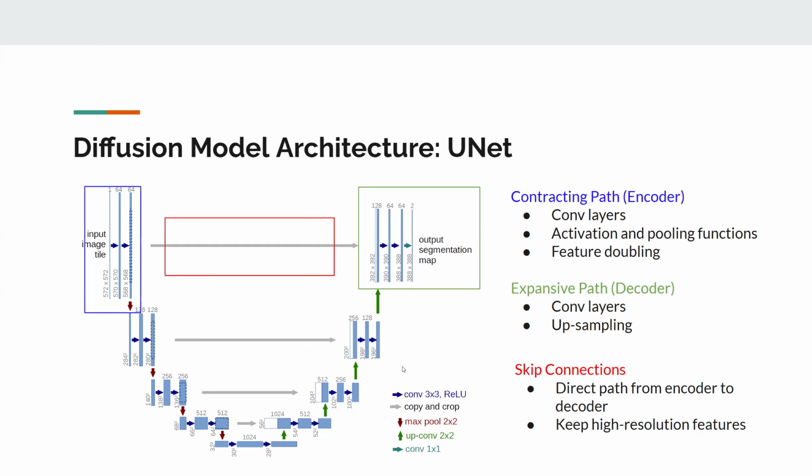And then we have skip connections, which are direct paths from an encoder to a decoder. And these exist because sometimes you don't want to lose the features that get encoded when you're passing them through encoder layers. So when you go from an encoder directly to a decoder, you can still keep those important features that you might need for your model.